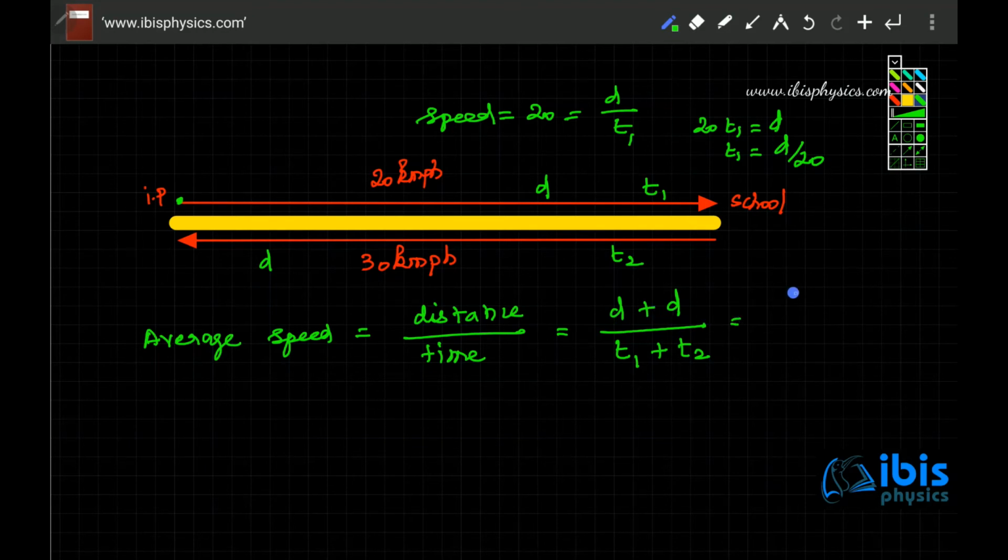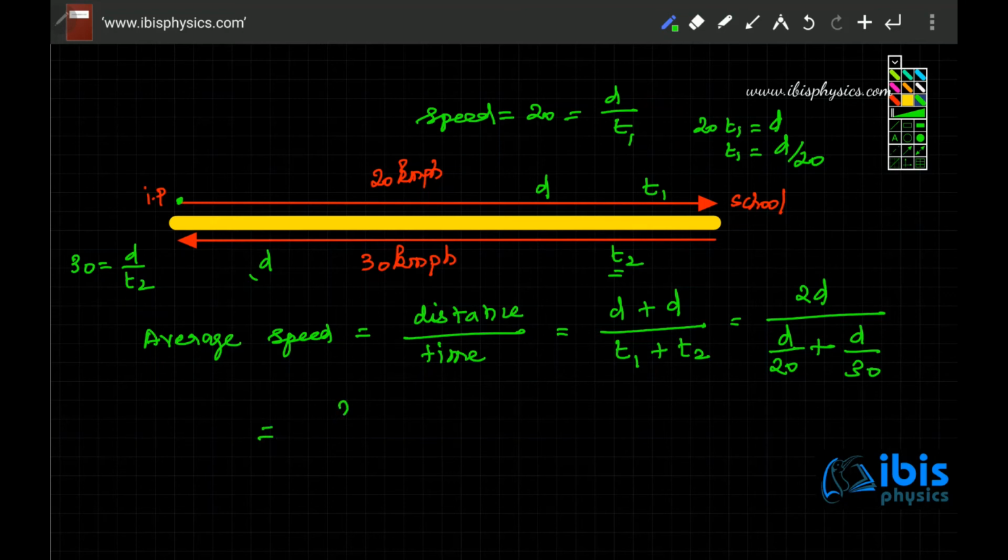So the total distance is d plus d, which is 2d. The time is t1, which is d by 20, plus, from here to here the same distance he is covering, but the time taken is t2. So speed is 30, distance by time taken, so 30 times t2 is d, and t2 equals d by 30. So this is d by 30.